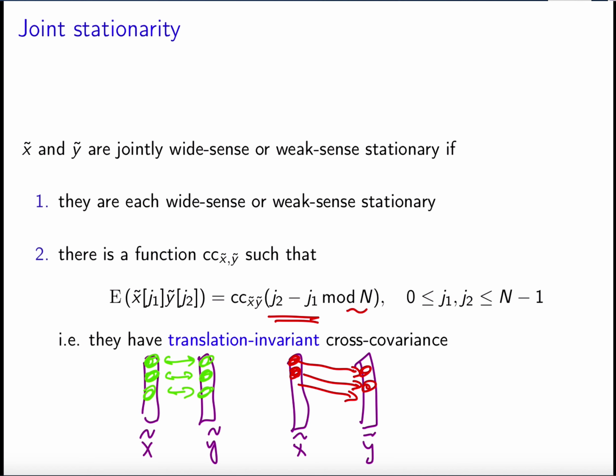So this basically means that the cross covariance is also shift invariant. And again, this means that now we only need to learn n numbers. We only need to learn this cross covariance function that only depends on the difference between the indices to characterize the cross covariance between the two random vectors. So this is going to become tractable.